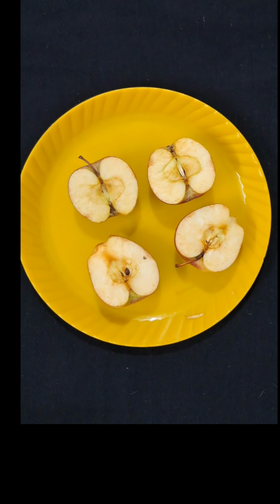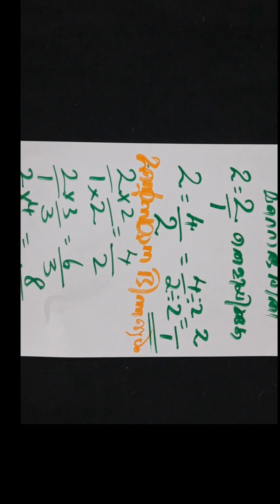There is a simple way to prove that 2 by 1 is 2. The 2 apples we have seen now have been cut into 4 equal pieces. You know that these 4 pieces represent the 2 whole apples. These 4 pieces are represented by 4 by 2.